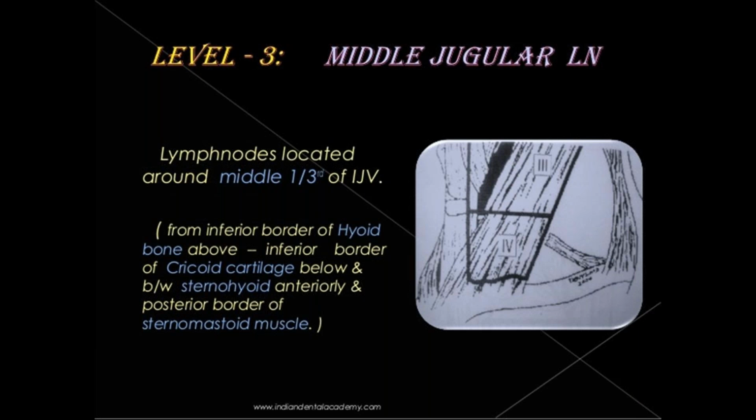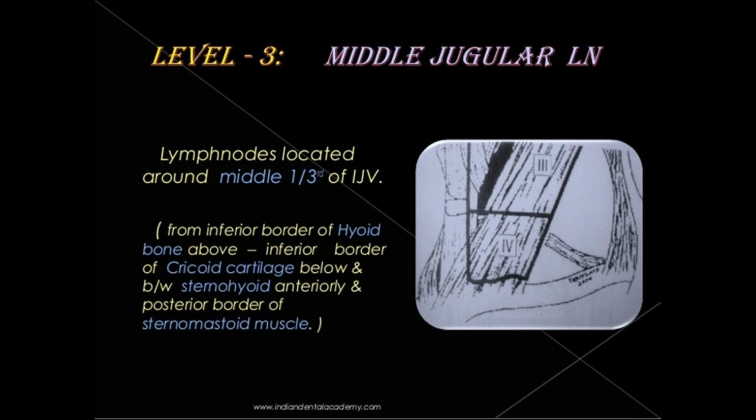So coming to level 3, that is the middle jugular lymph nodes. Lymph nodes located around the middle 1/3 of the internal jugular vein are the middle jugular lymph nodes. The boundaries: the inferior border of the hyoid bone above and the inferior border of the cricoid cartilage below, and between the sternohyoid anteriorly and the sternomastoid muscle posterior border.